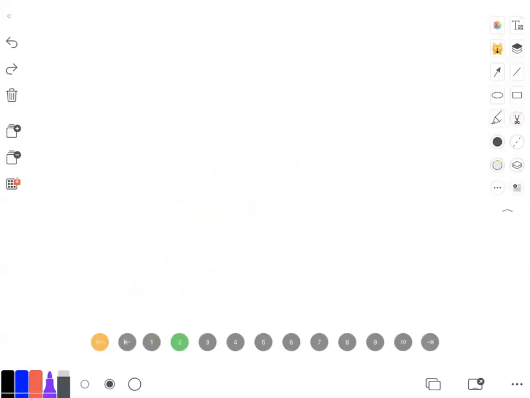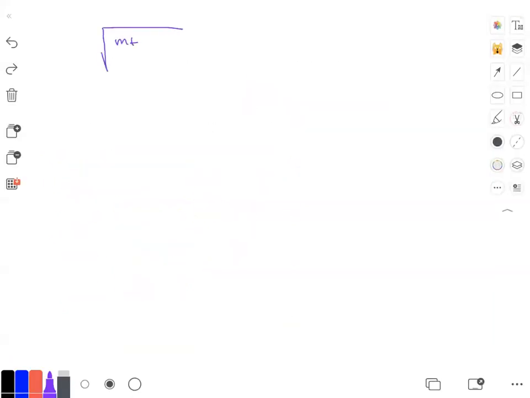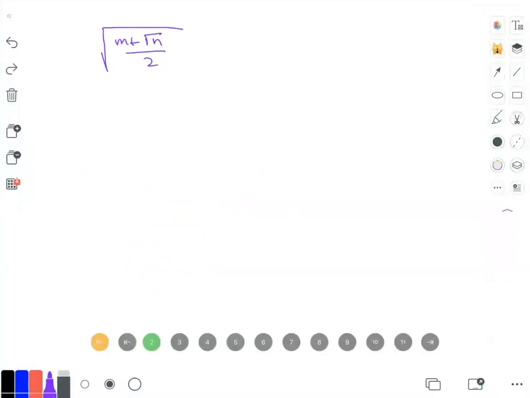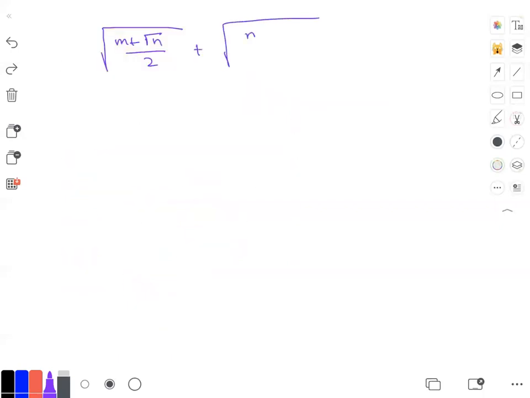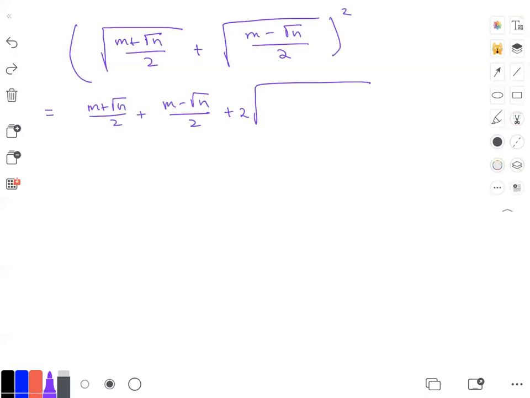So it's root of m plus root n over 2, I believe. Let me just check. Square root of (m plus root n) over 2, plus square root of (m minus root n) over 2, and I want to square this. This is equal to (m plus root n) over 2 plus (m minus root n) over 2, plus 2 root of (m plus root n) times (m minus root n), and they're conjugates, so that becomes m squared minus n over 4.